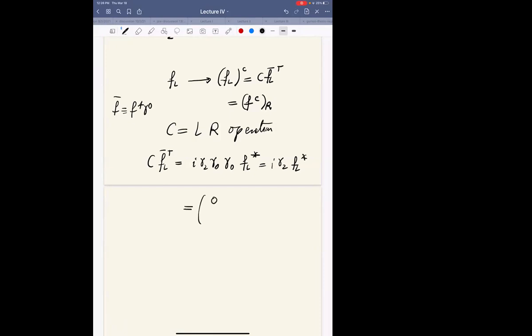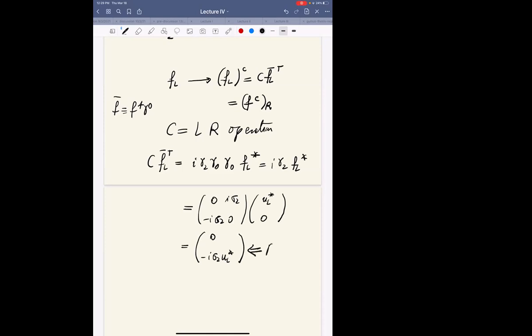And this, remember, was off diagonal: i sigma 2, minus i sigma 2, 0, times U_L star, 0. This is 0, minus i sigma 2 U_L star.